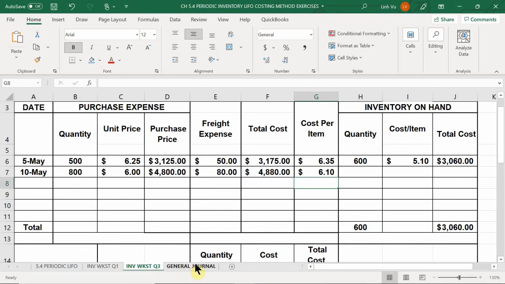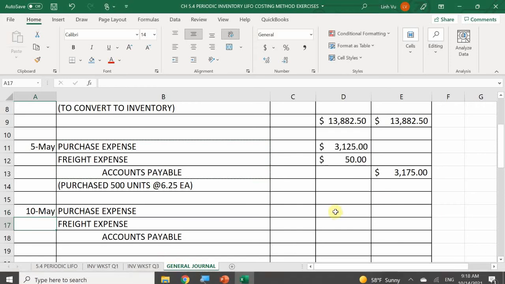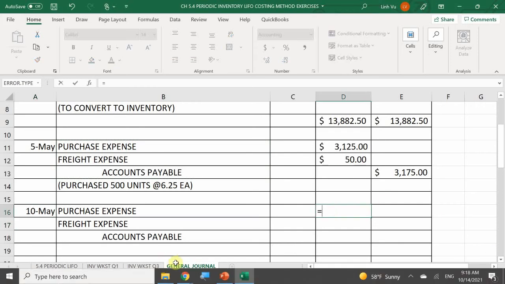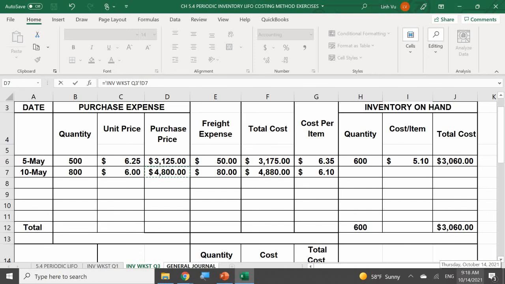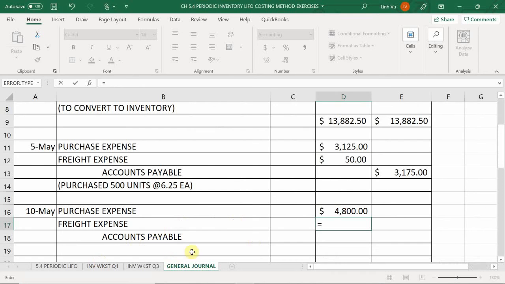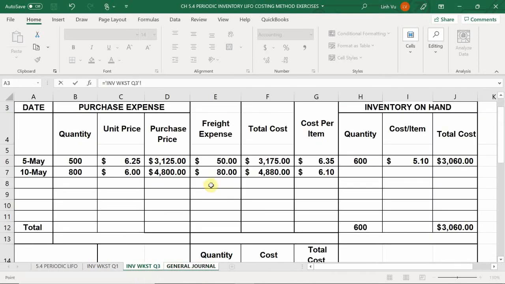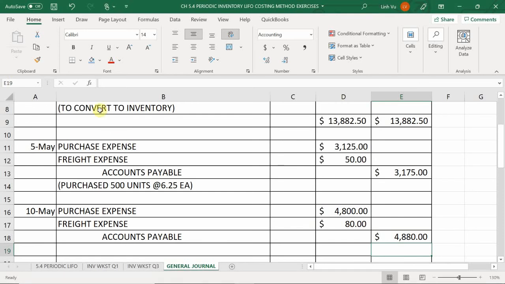So once again, I'm going to plug this information into my journal because I need to recognize that I made a purchase on May 10. Because we already solved it in our inventory worksheet, my total purchase price was 4,800, and my freight was $80, which gave me a total cost of 4,880.